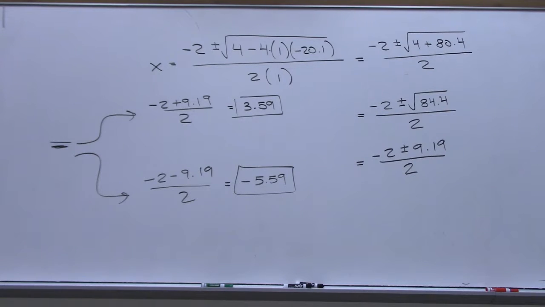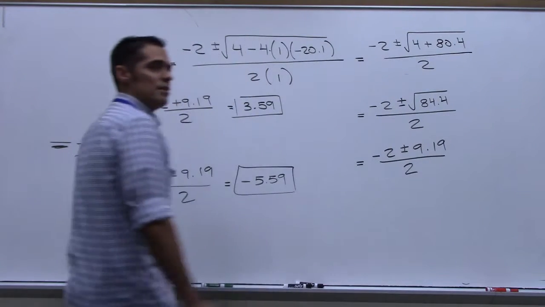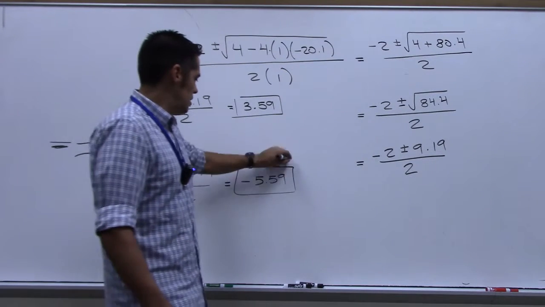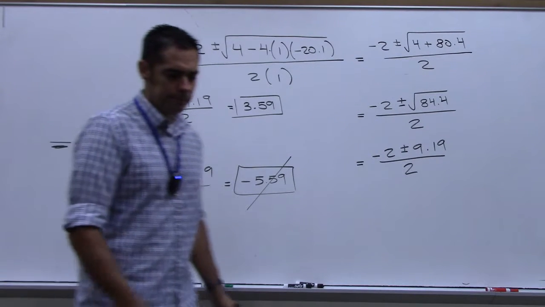Those are our two potential answers. Then you have to check them. I think the negative is the one that's not going to work. You have to go back and look at the original equation, and it won't work. The good one is about 3.59.